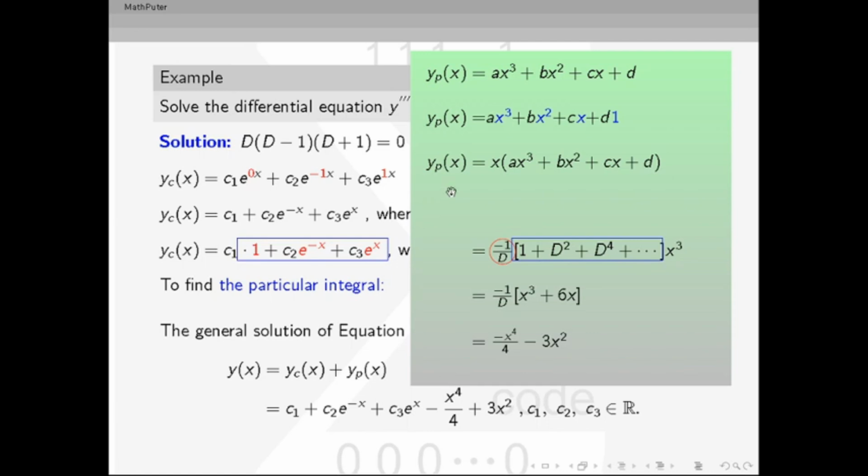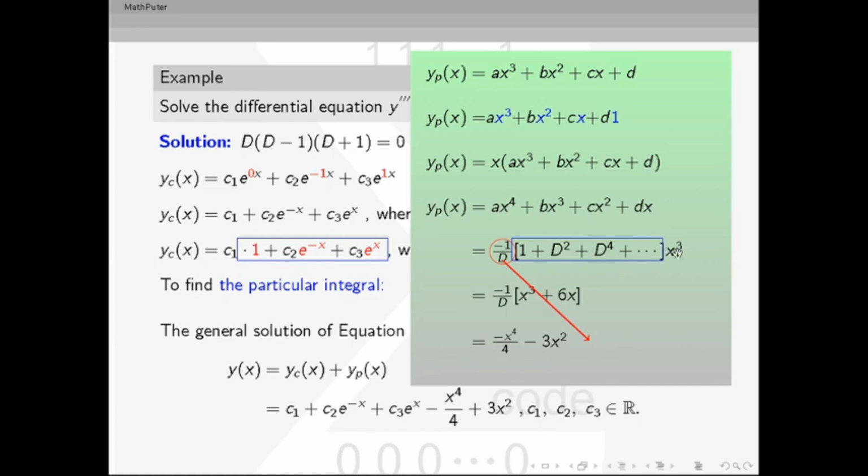Okay. So let us go ahead. yp(x), as I discussed, is ax raised to 4 plus bx cube plus cx square plus dx. Yes. Now let us apply this bracket first. See, this is the solution when we applied the rectangle first. Now we applied minus 1 upon D first, which represents that we have to integrate this quantity.